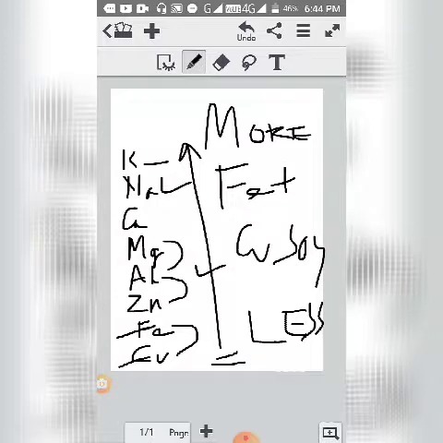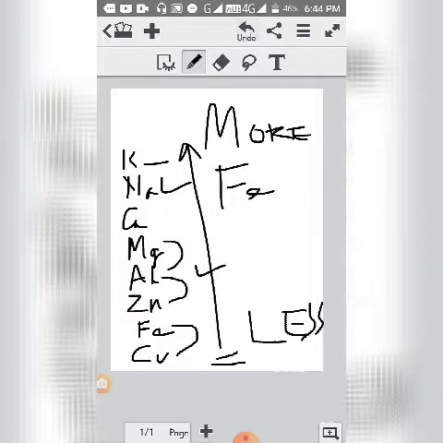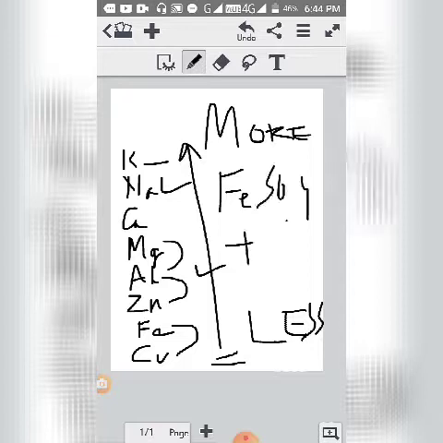So iron will displace copper and itself it will take the place, and Fe plus CuSO4 will form FeSO4 plus Cu. That means iron will take the place of copper and copper will be left alone, and this is the reactivity series.